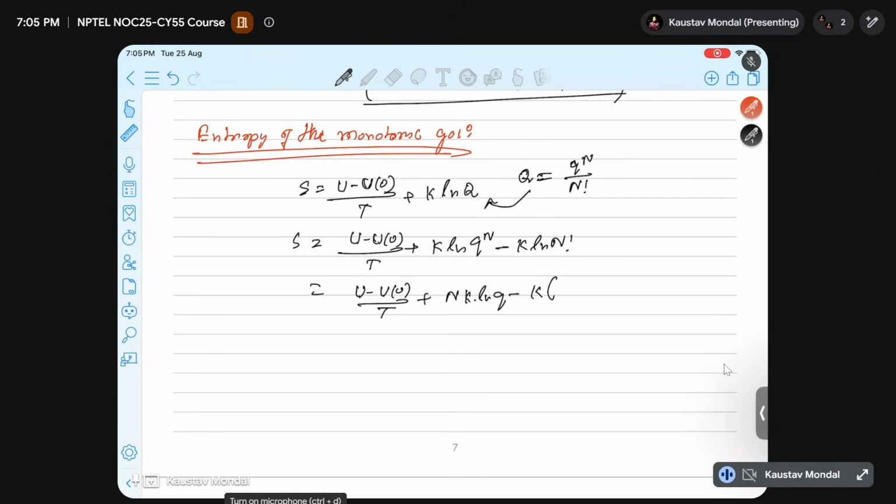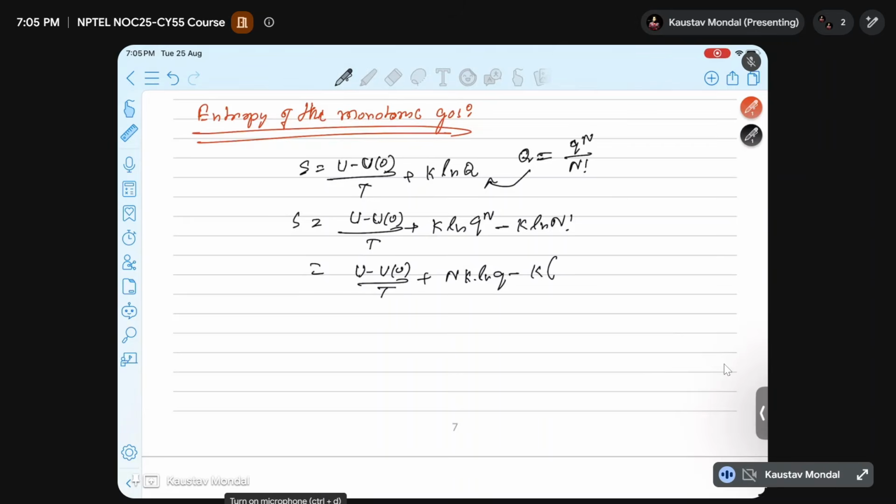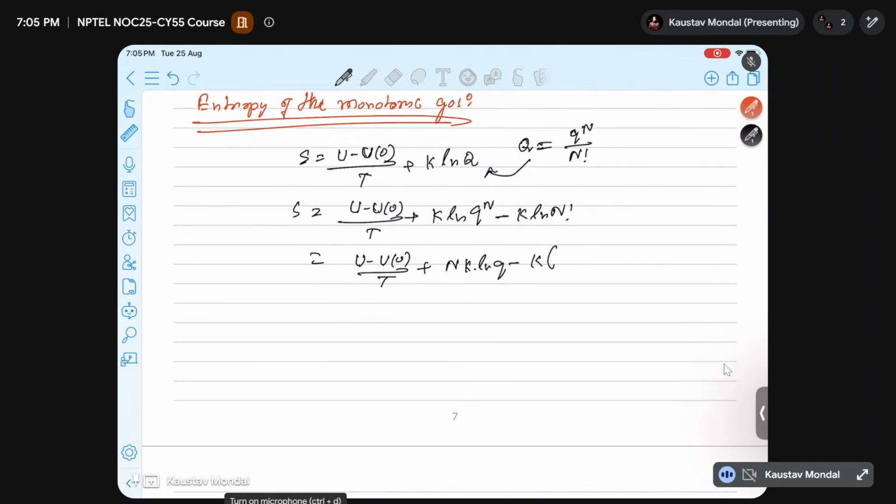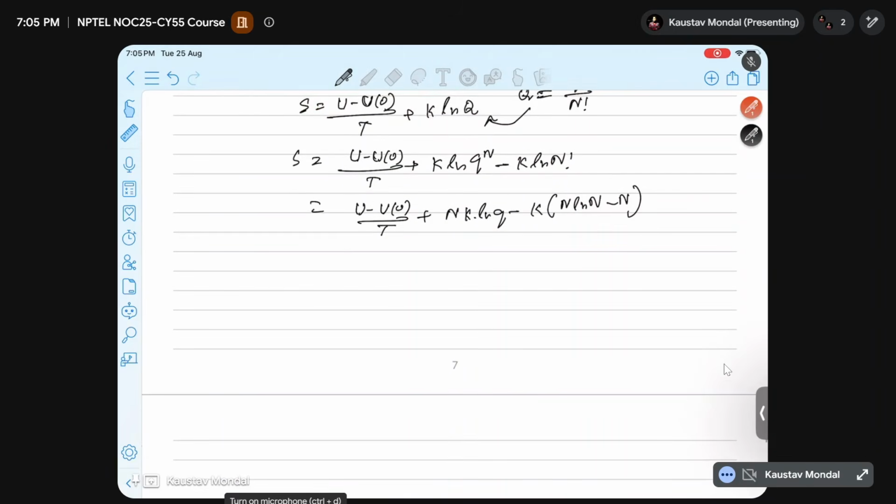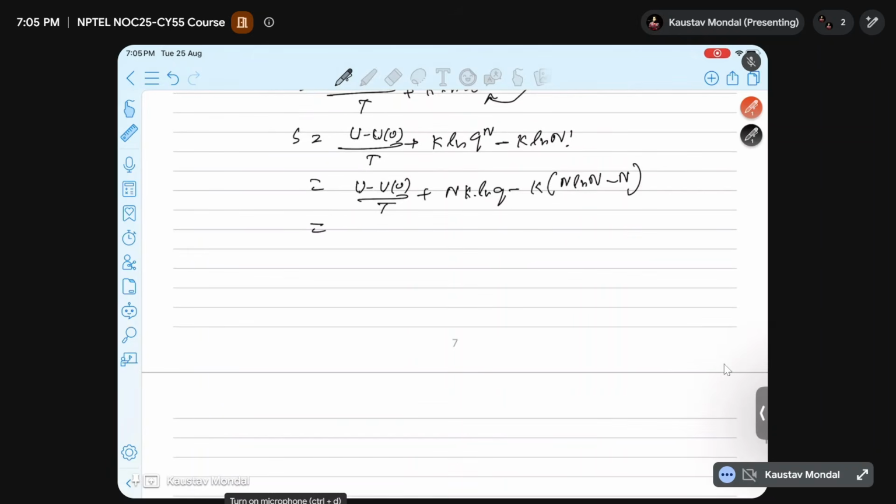So S equals U minus U0 by T plus Nk ln q minus k ln n factorial. For ln n factorial you can use the Stirling approximation, since the number of particles is very high, so ln N factorial would be N ln N minus N. So S equals U minus U0 by T plus Nk ln q minus Nk ln N plus Nk. So S is this.